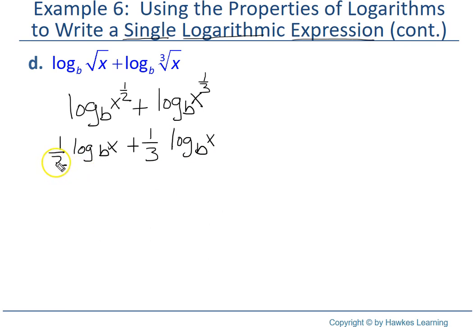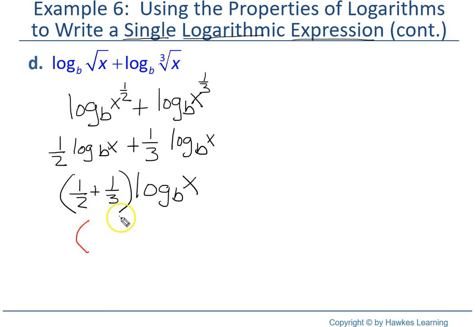And now we can actually factor out these two parts here. So we get 1/2, and this is going to be added together with 1/3, the log base B of x. Now we have to add our two fractions, to make a common denominator here of 6.